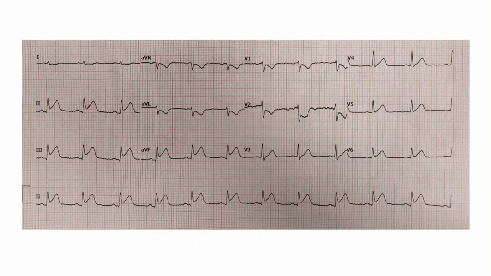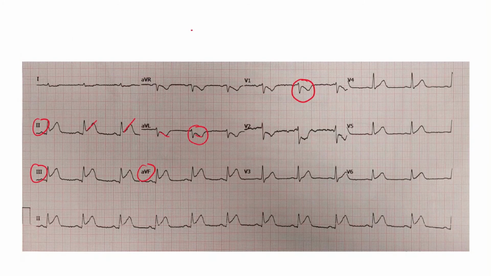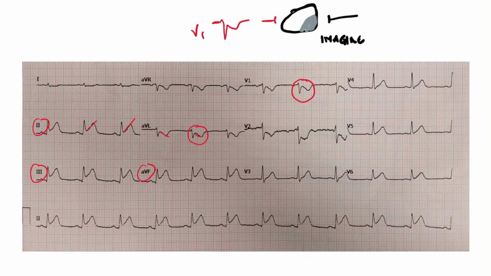Let's look at the next ECG. So you've got ST segment elevation in lead 2, lead 3, more or less the cannonball appearance of the ST segment elevation over here, and you've got depressions in lead V1, V2, and AVL. Remember the concept that if there is ST segment depression in lead V1, a mirror image of that is that an infarct is happening at the opposite aspect, which is the imaginary lead we thought.